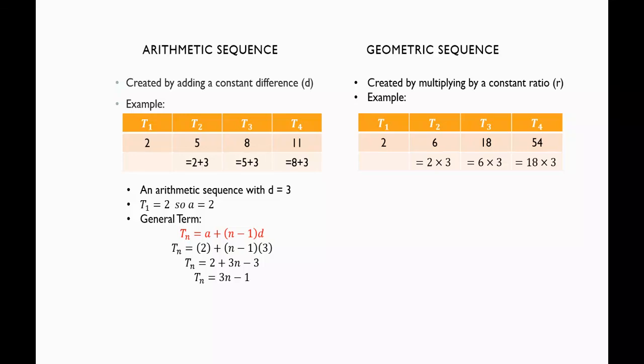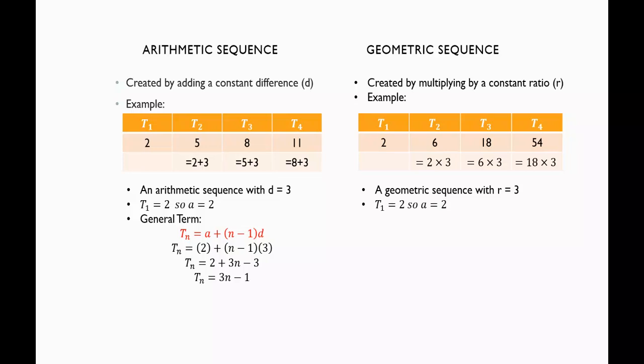Multiply that by 3 again and you get to the third term, 18, and if you multiply that by 3, you then get to the fourth term, 54. So this is an example of a geometric sequence with r equal to 3. That's because the constant ratio is 3.